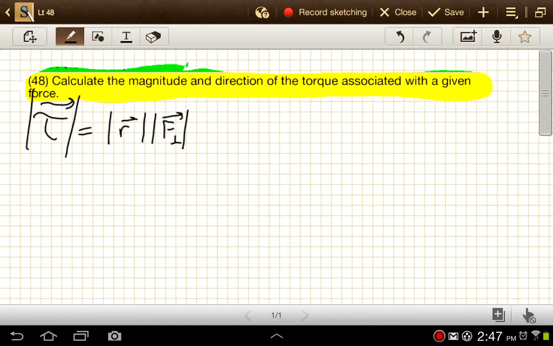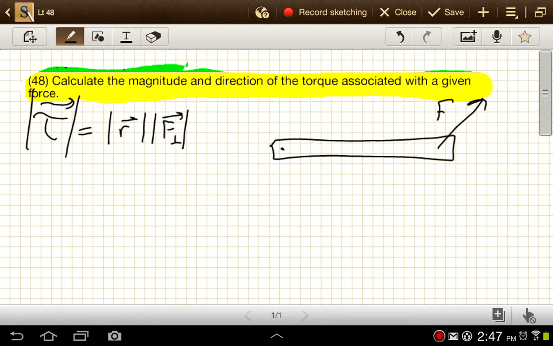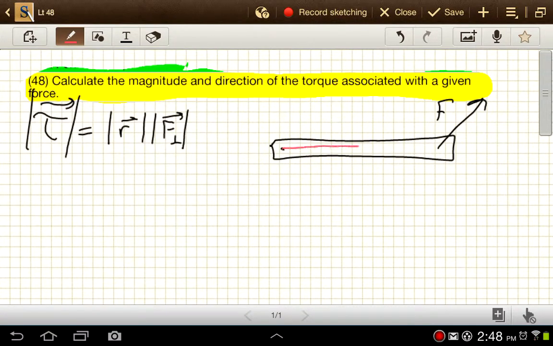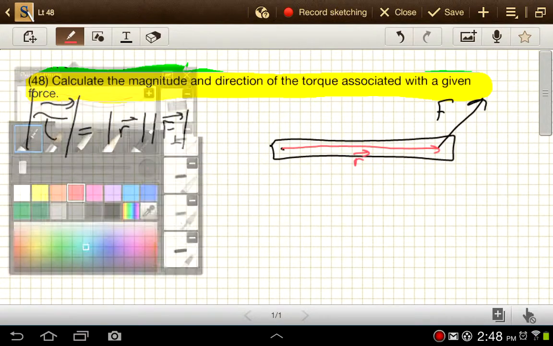So maybe we have a door that has a hinge. We're looking down on this door, and maybe we've got a force F here, and then R would be a vector that goes from the hinge to that location where the door is, where the force is being applied.